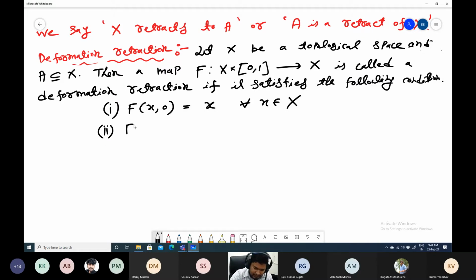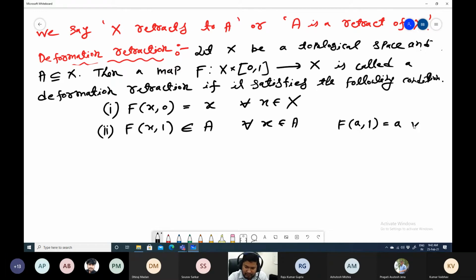So in other words, F of x comma 1 belongs to A for all x belonging to X, and F of a comma 1 is a for all a belonging to A.